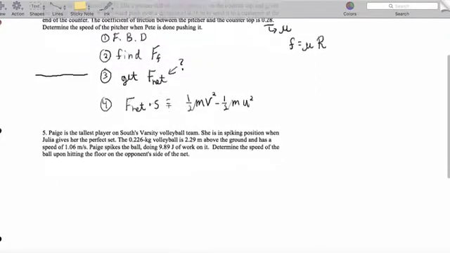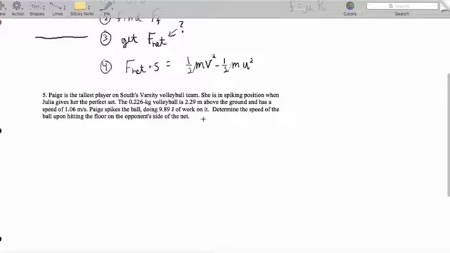Now for number 5. We have a simple situation where we have a volleyball that is here. It has a height and it has a speed of 1.06 meters per second.